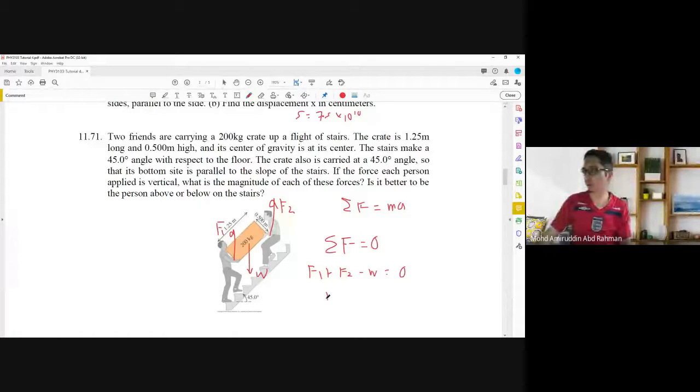So your F1 plus F2 will be W. Your weight is 200 kilogram times the gravity, so you have 1960 Newton.